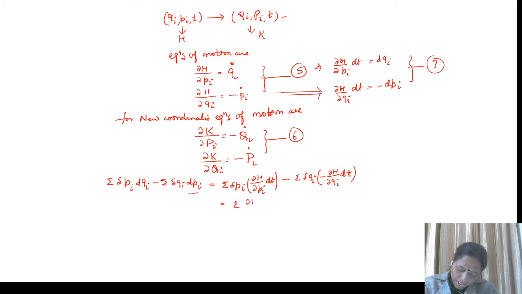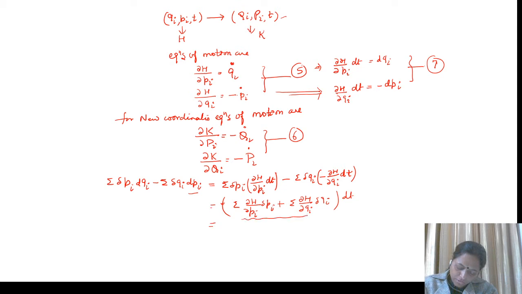Writing it after certain changes in the places of the terms, plus summation delta H by delta qi dt.